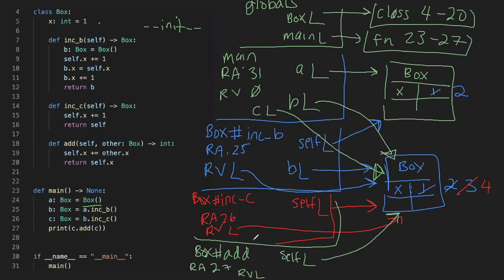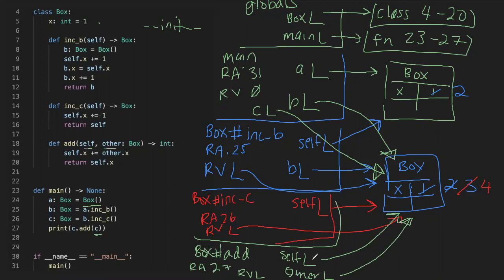So in the add function, it says self.x, oops, sorry, my bad, I forgot to set up the parameter, right? So we also have a parameter other that is pointing to the same place as self. So we called the method on Box c, but also passed in Box c as the parameter. So self and other will be pointing to the same place.